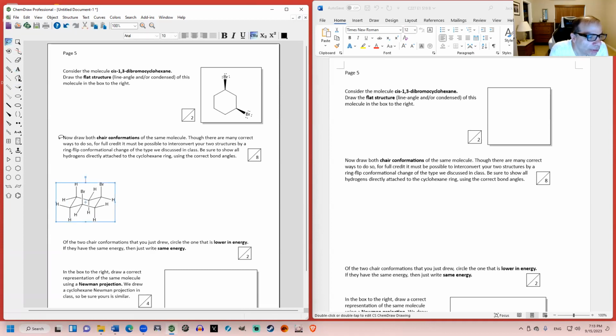So that's one chair. In the other chair, we'll move this carbon down and this carbon up, just like we did in class. The bromines will still be up, but the one on the right will be over here.